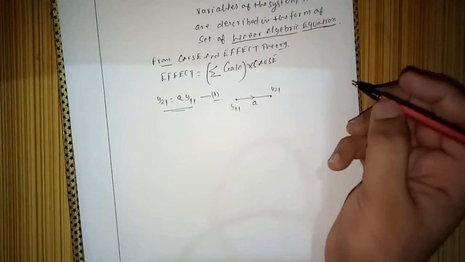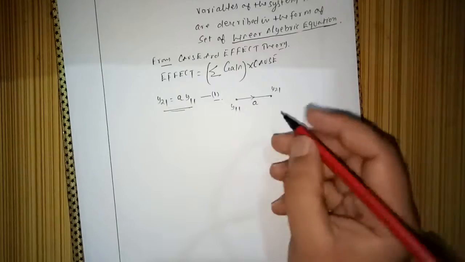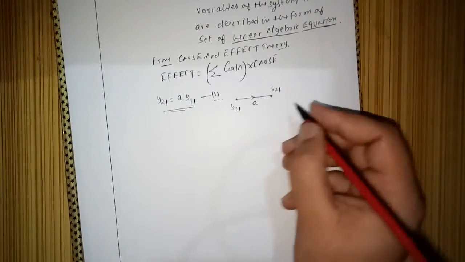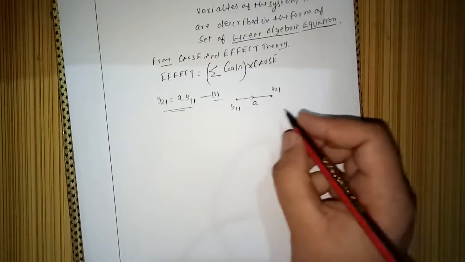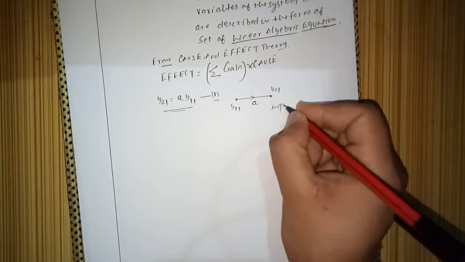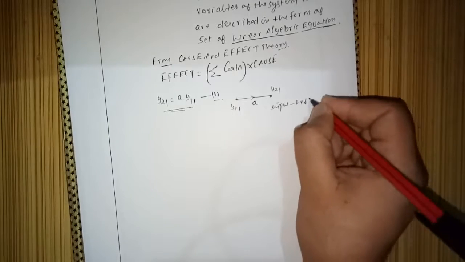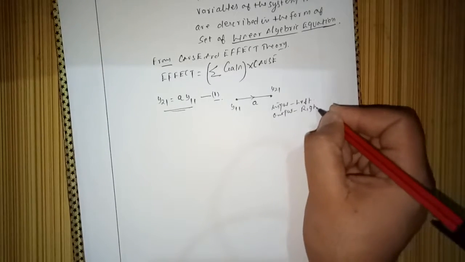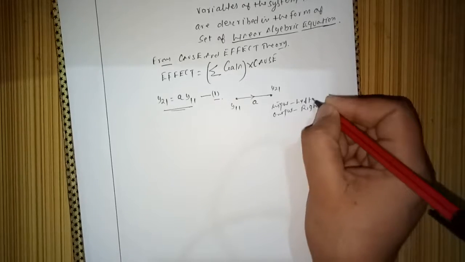Now, this is the terminology we use, from left to right. Generally cause and effect theory says the input is at the leftmost and the output is rightmost, right?